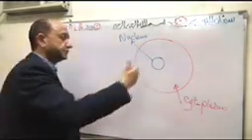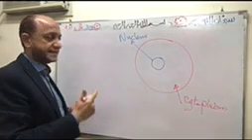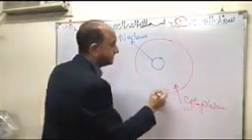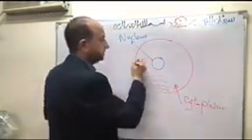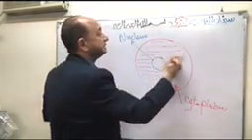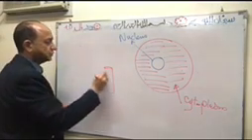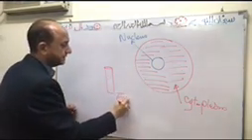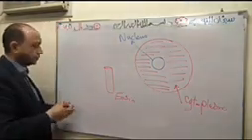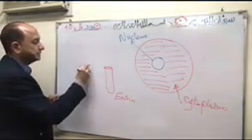I put stain to color the cytoplasm red. I use two stains: one called eosin, the second called hematoxylin.